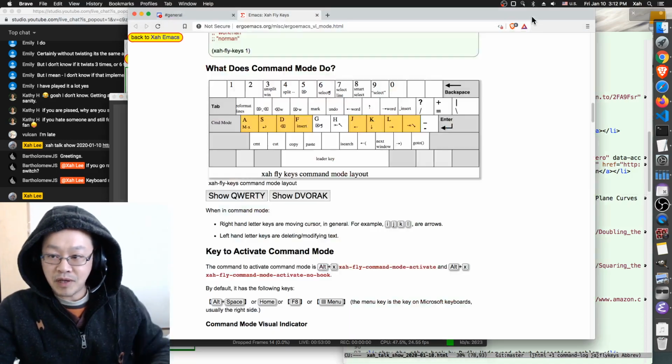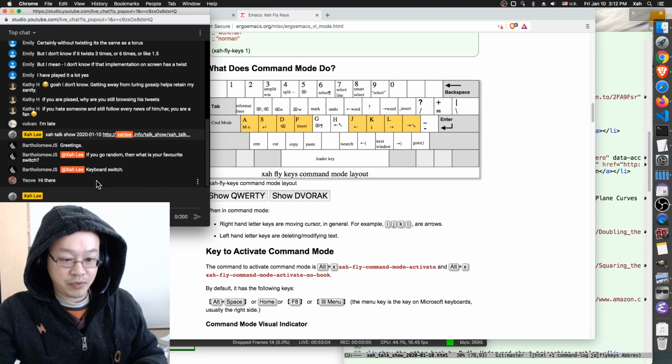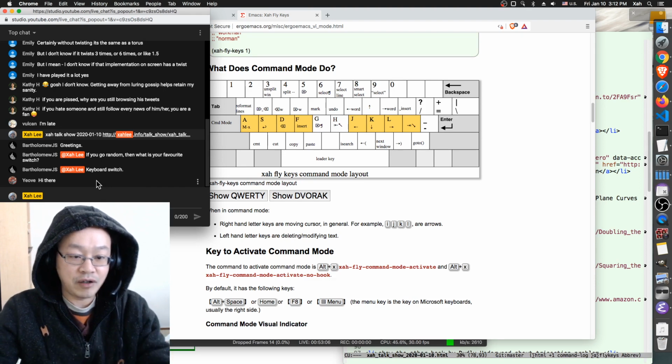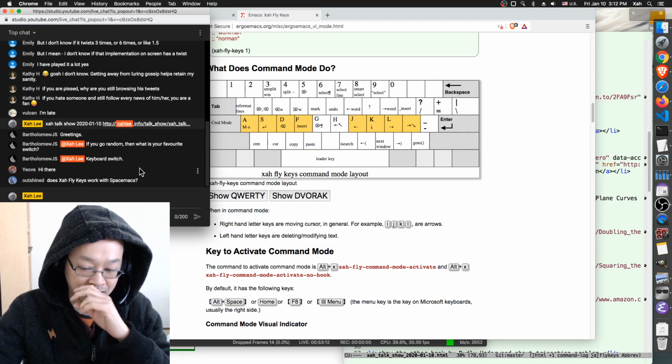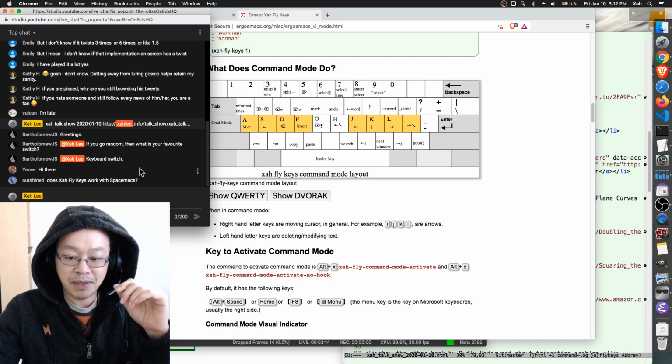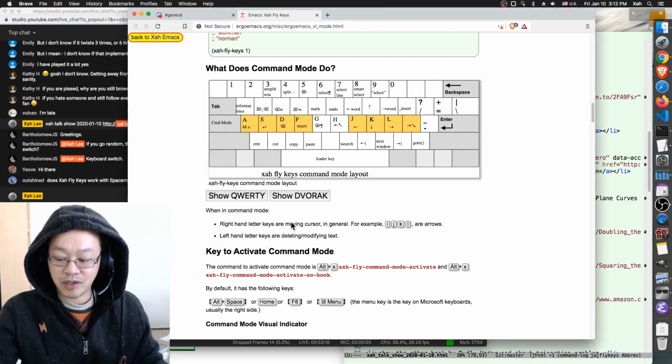I'm supposed to talk about keyboards today, so Boss says keyboard switch. Hi Yov. Oh, now we got people. Does xah-fly-keys work with Spacemacs? There are people doing that, but I have personally never tried.